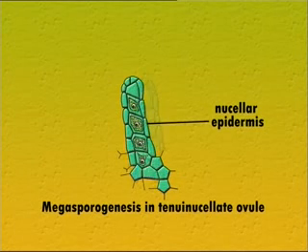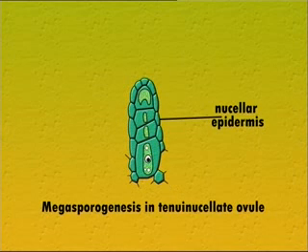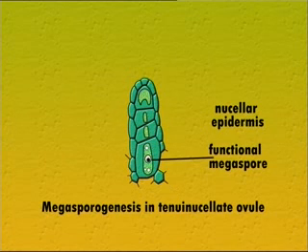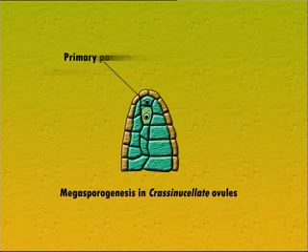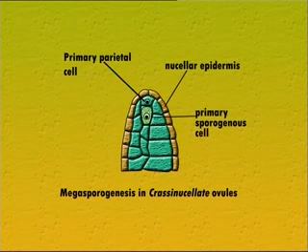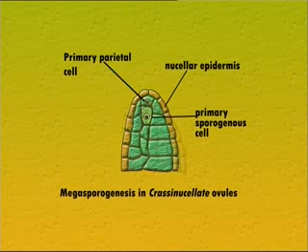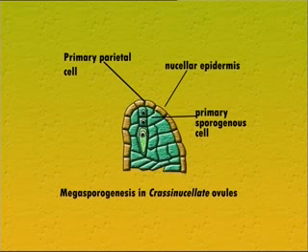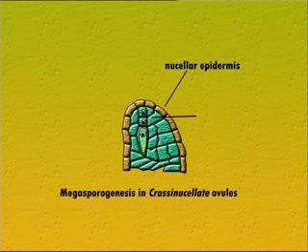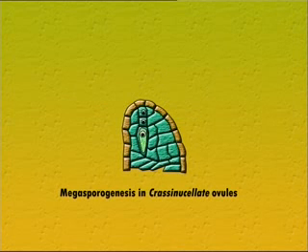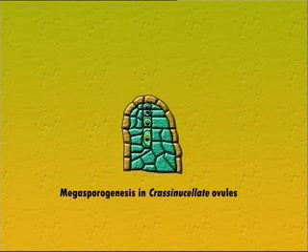In tenuinucellate ovules, the archesporial cell directly functions as megaspore mother cell, whereas in crassinucellate ovules, it divides periclinally, cutting an outer primary parietal cell and an inner sporogenous cell, which functions as a megaspore mother cell. Single-celled archesporium is most common. However, multicellular archesporium is a family character of the Loranthaceae.